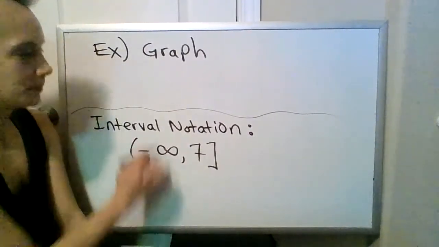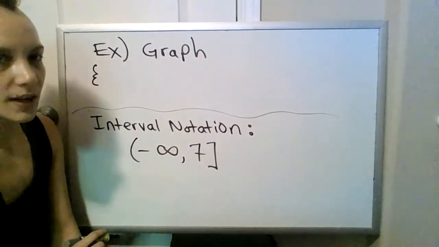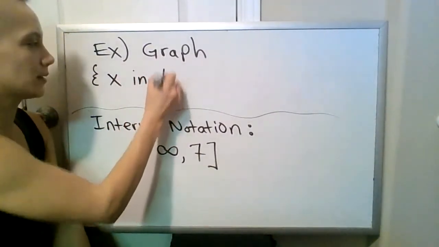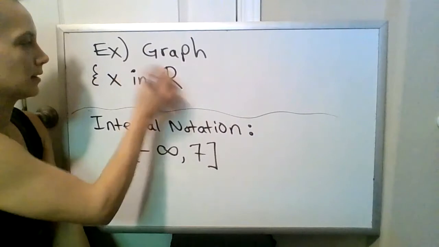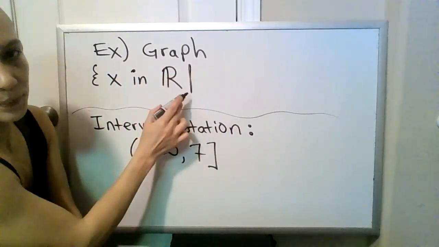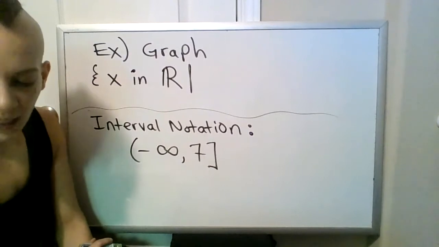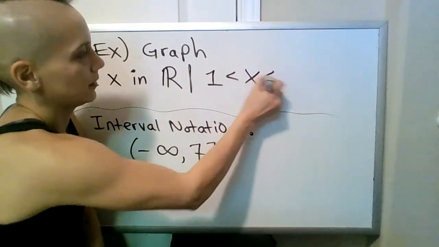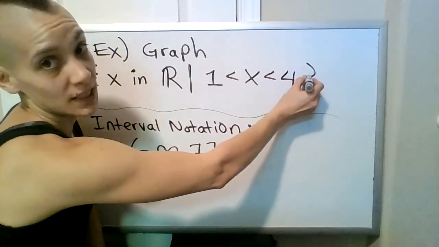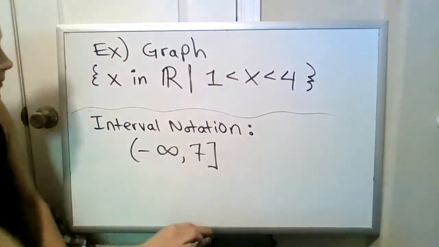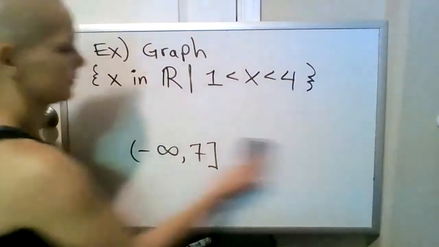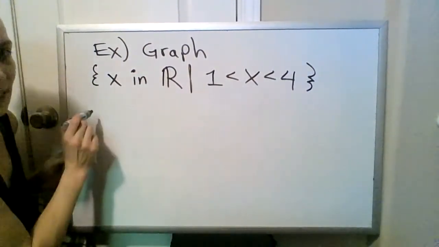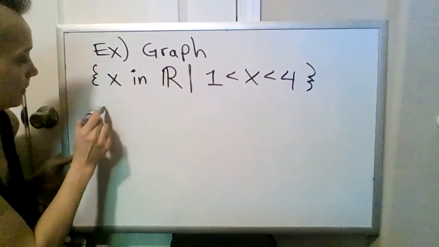It's going to be the set of x in R, the real numbers, such that 1 is less than x, which is less than 4. And then close the set. And write the set in interval notation.